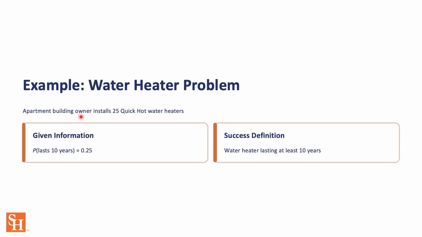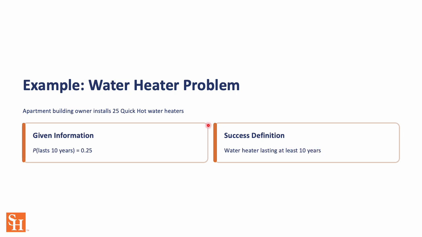So let's now look into this problem. What is the problem here? An apartment building owner installed 25 quick hot water heaters, and the probability that a heater will last 10 years is 0.25. Then what is success here? Success is the water heater lasting at least 10 years.